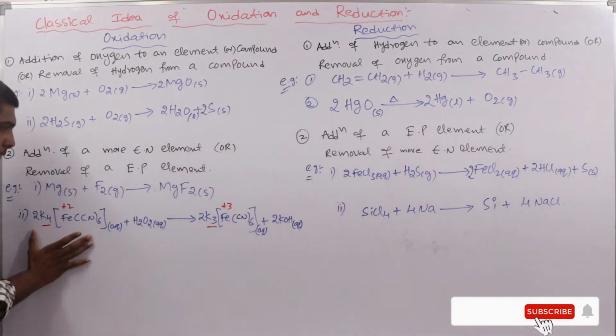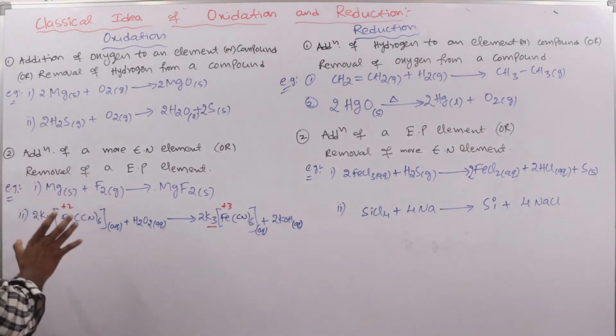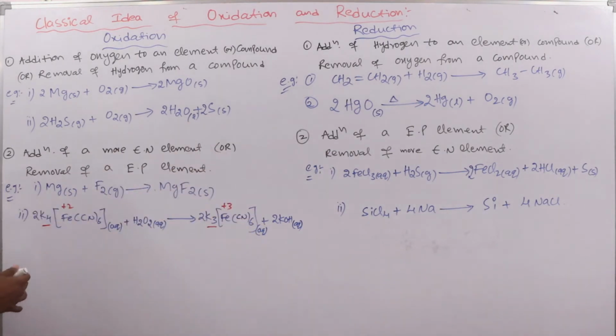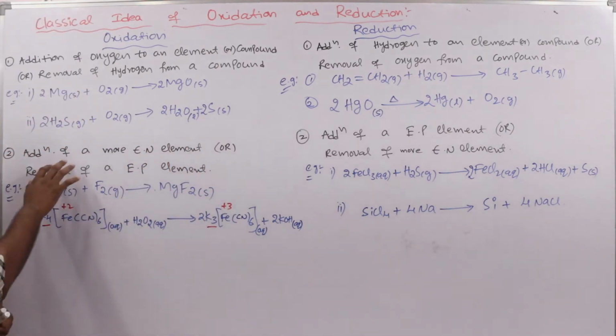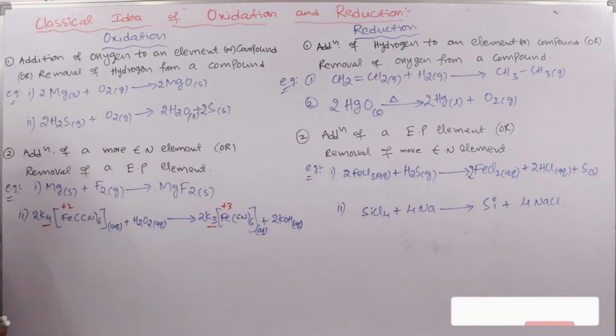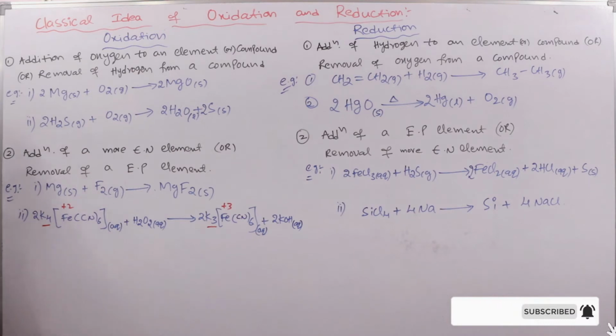So from this compound we have removed the more electropositive potassium, so that's why it is oxidation. So oxidation is addition of a more electronegative element like this, or removal of an electropositive element like this.